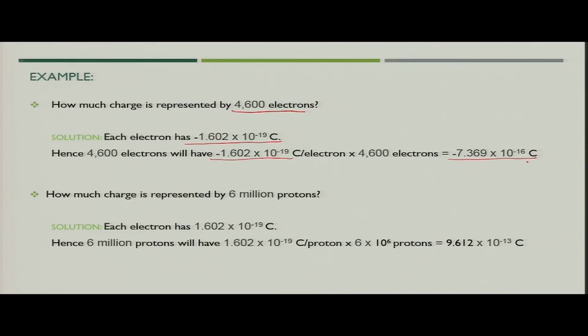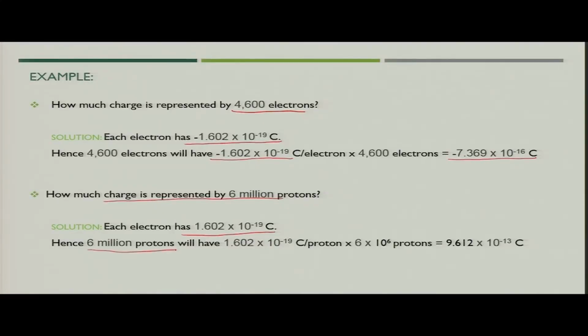Now, opposite to that, if you are asked how much charge is represented by 6 million protons, you have to be very careful, because a proton has a positive charge of 1.602 times 10 to the power minus 19 coulomb, quite opposite to the electron, which has charge minus 1.602 times 10 to the power minus 19.